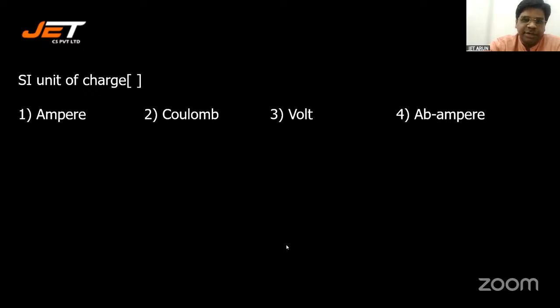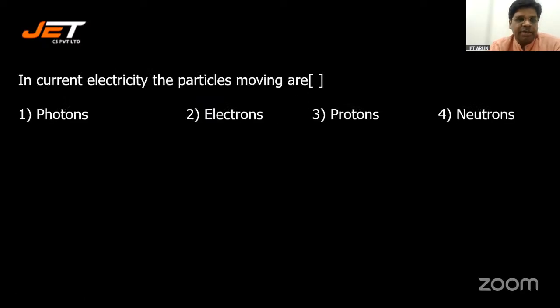Zara, good. Tejasri and Divyanshi, please think again. Rahul, all right. Zara, excellent. Divyanshi, good. You're right now. Yeah, good. It's Coulomb. So SI unit of charge is Coulomb, all right? Let's go with the next one.